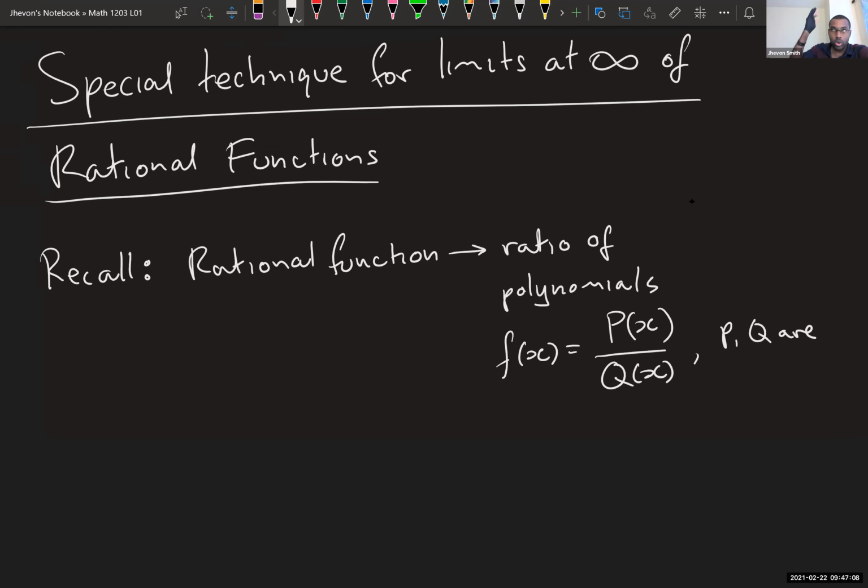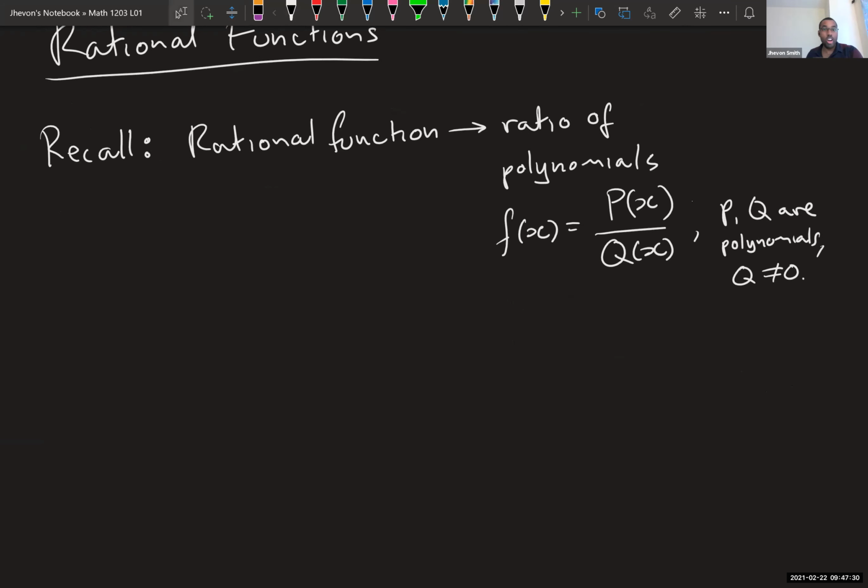We know what polynomials are: a sum of x to whole number powers with some constant coefficients in front of them. And of course, Q not equal to 0. So we're assuming that we're not looking at where the polynomial hits 0. So that's called a rational function, right? Those are the guys that are not rash. They don't just go off and do whatever. They're not crazy. They're very rational. They think through stuff before they do them. Another thing that you'd need to know is what's called the degree of a polynomial.